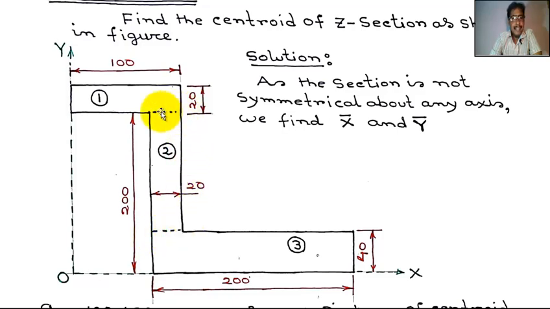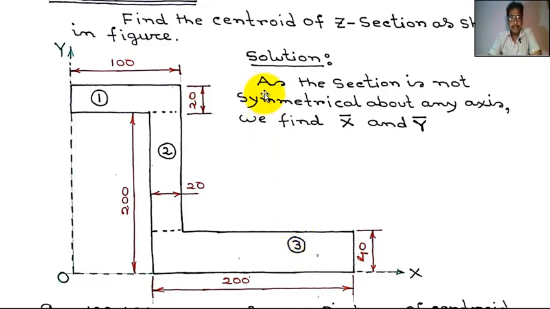This rectangle is marked as number 2. This is a rectangle, length is 200 and width is 40. This rectangle is marked as number 3.